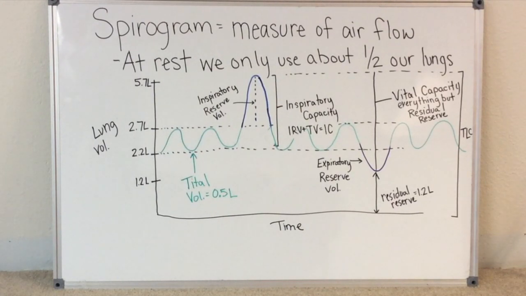If someone is having trouble inspiring, we might see a decrease in slope as they try to inhale, meaning it takes longer for the air to move from the environment into their lungs.